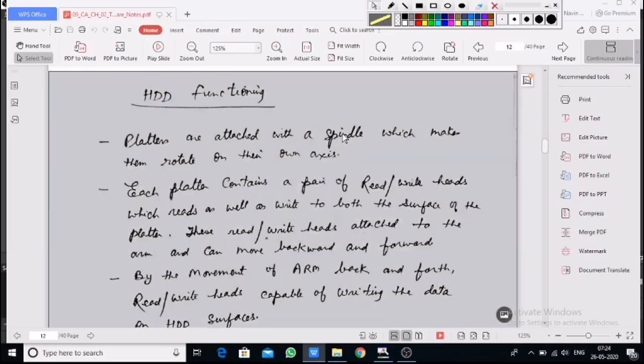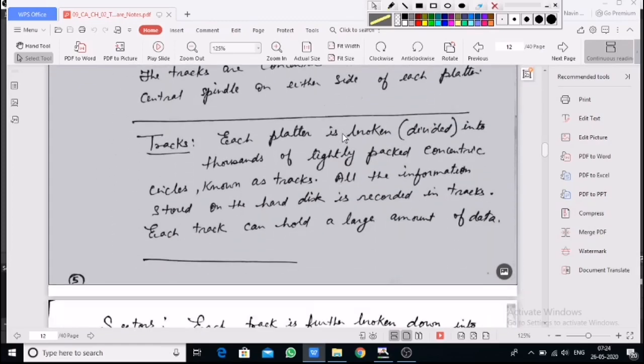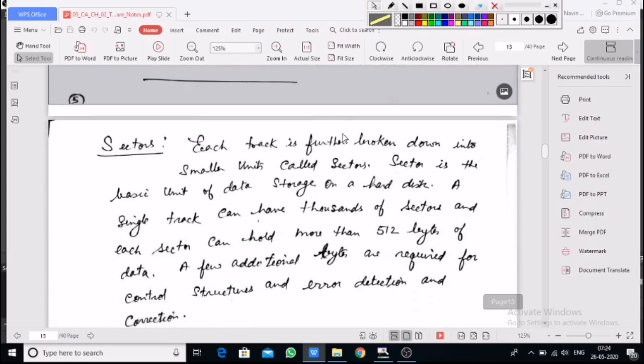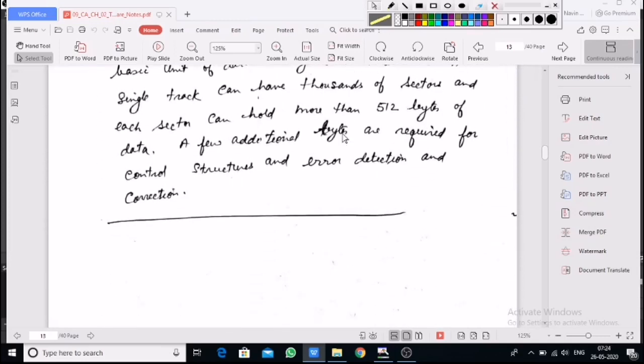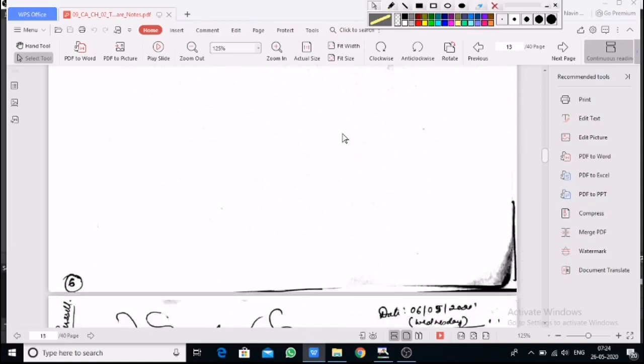I told you right now how it functions, and that is what is written here. Tracks and sectors help in writing where the data is written.